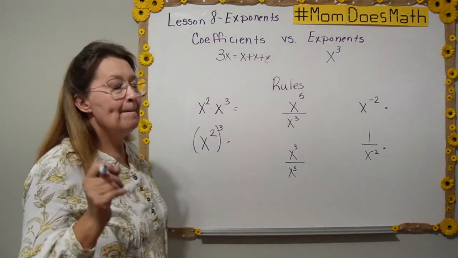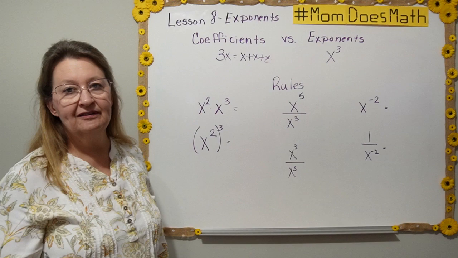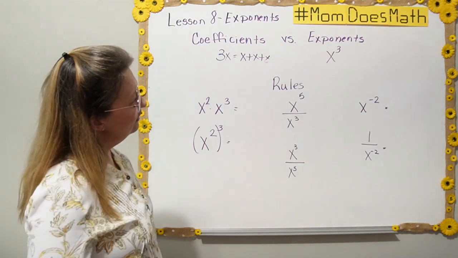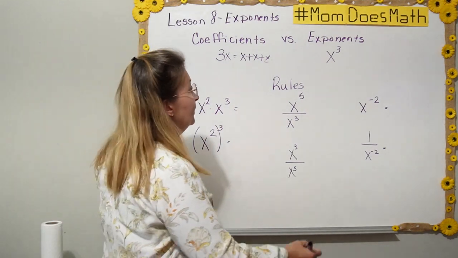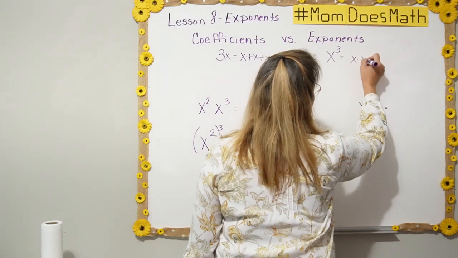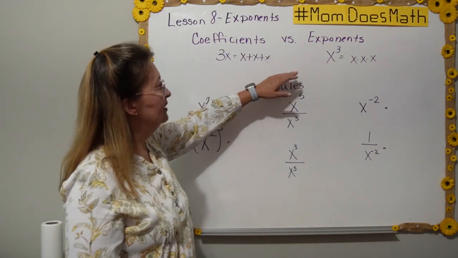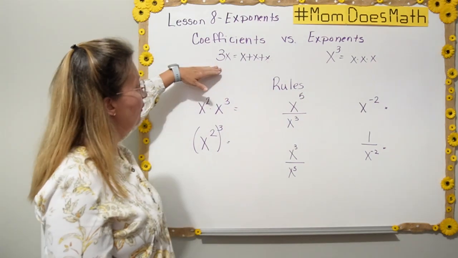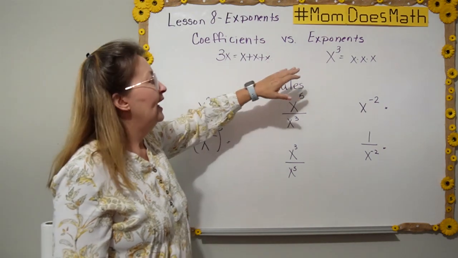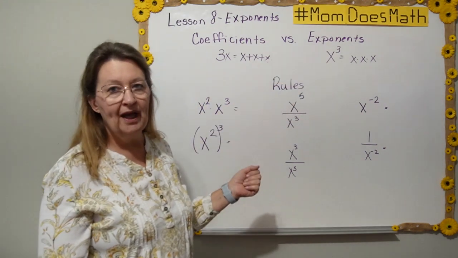So 3x means x plus x plus x. All right? So what does an exponent mean? Well, it means multiply. So the difference between a coefficient and an exponent is that a coefficient is for addition and an exponent is for multiplication.